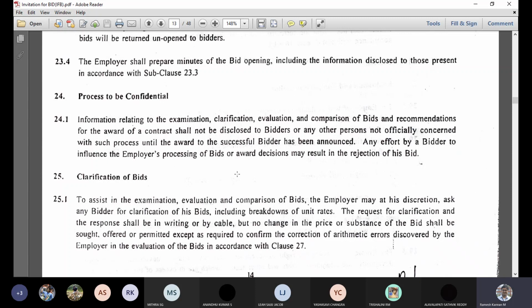Information relating to the examination, clarification, evaluation, and comparison of bids must be kept confidential. For example, if two companies bid for a particular project, and one company has the upper hand, but the evaluator is in favor of the other one, he need not inform the other company to accelerate or catch up with a good proposal.